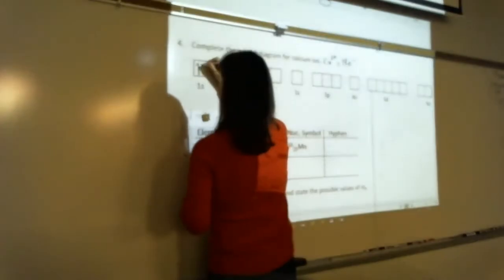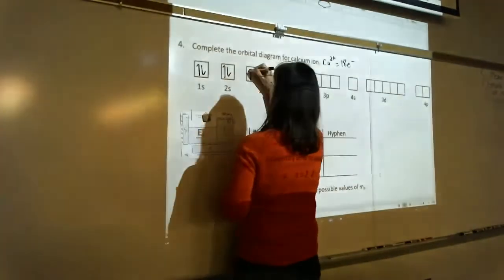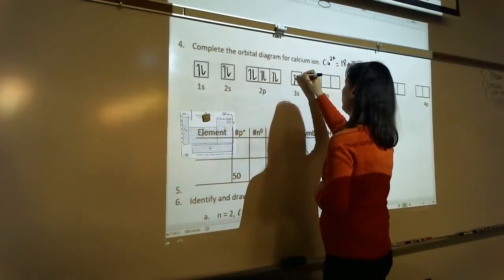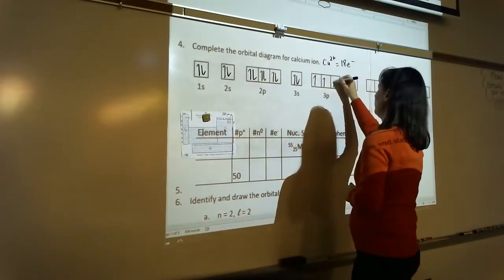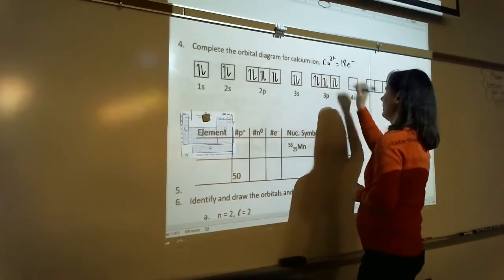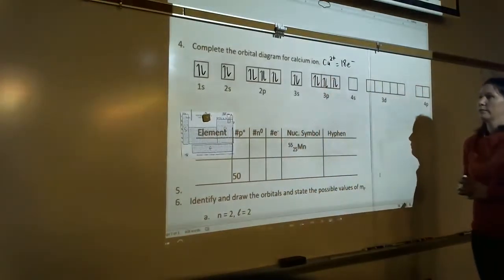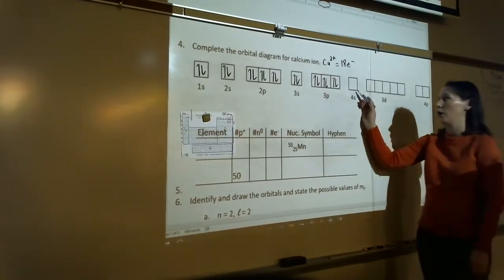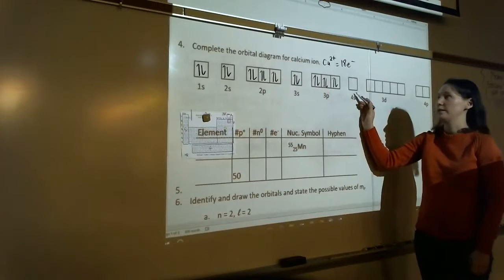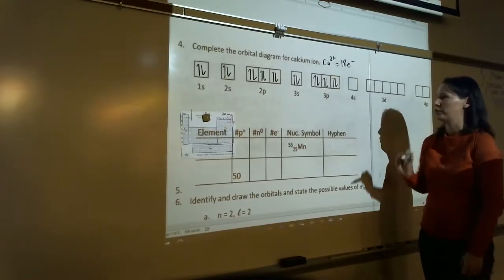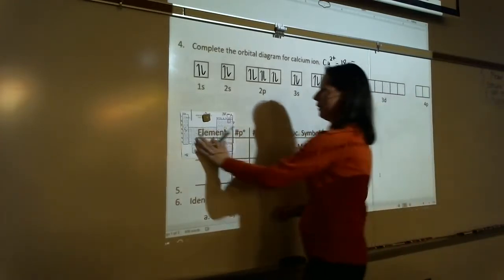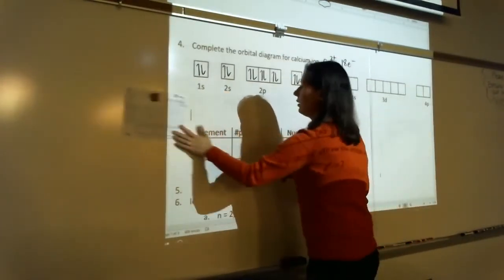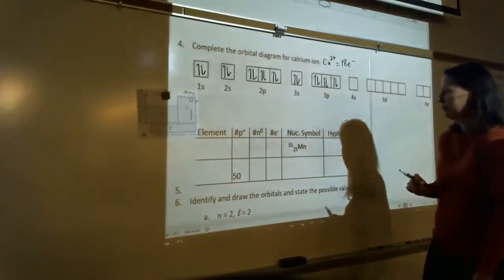So 1, 2, 3, 4, 5, 6, 7, 8, 9, 10, 11, 12, 13, 14, 15, 16, 17, 18. Do you see how we did that one? Why doesn't it go all the way out to 4s2? Because it's calcium ion, which means it's lost 2 electrons.